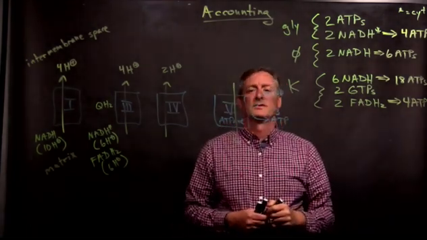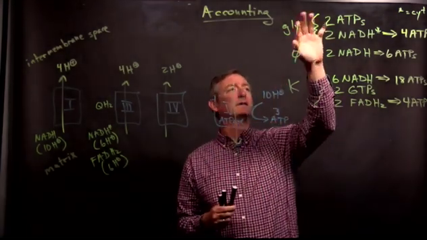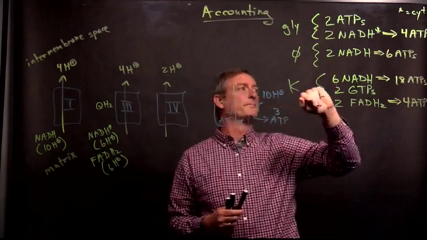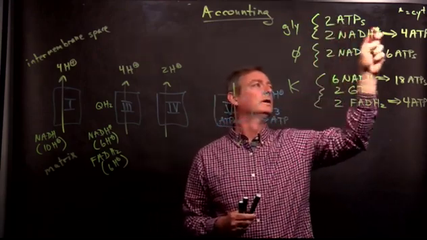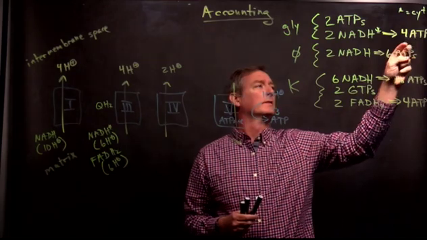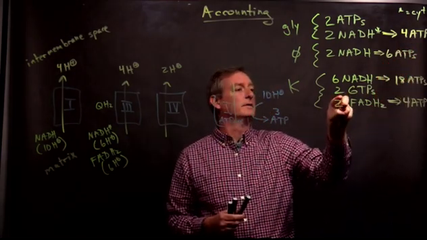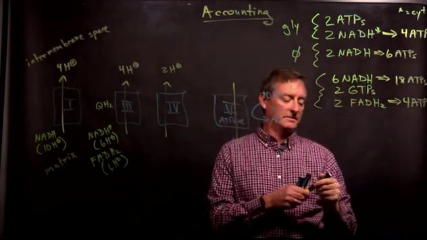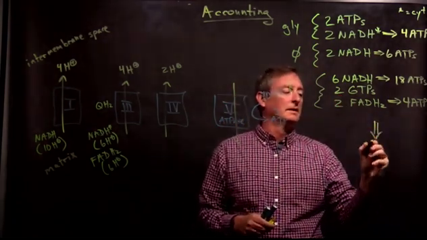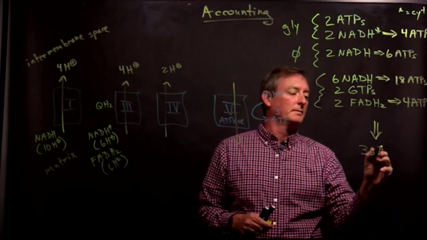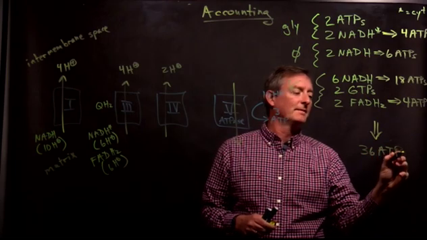Okay, so let's total this up, right? This is from one glucose molecule. We get 2 plus 4 is 6, 12, 30, 32, 36. Okay, and this is a number that you may have heard about, and it varies, right?